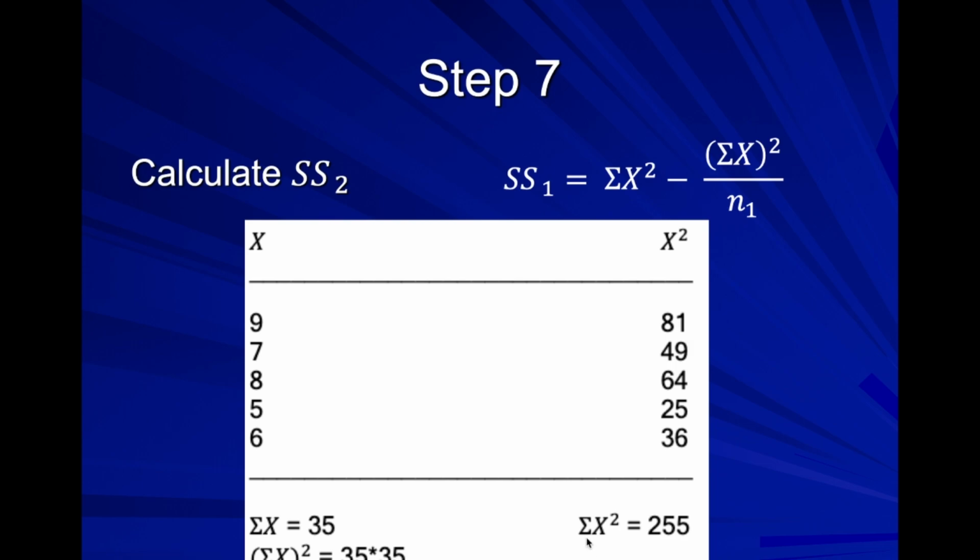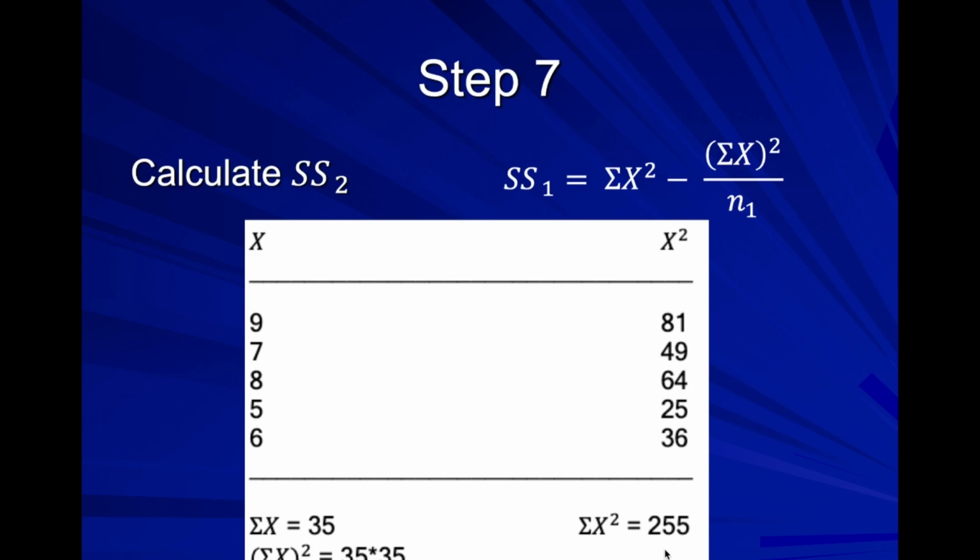Here you have sigma x squared, and you get 255. So you're adding up all of these to get the sigma x squared without the parentheses. So you have the one with the parentheses and the one without the parentheses. This is the one without the parentheses, the sum of the squared scores.